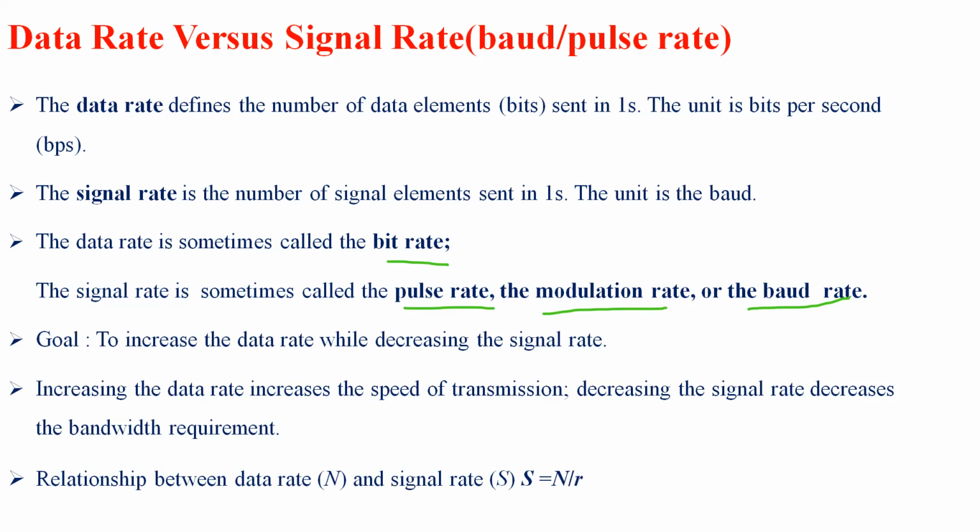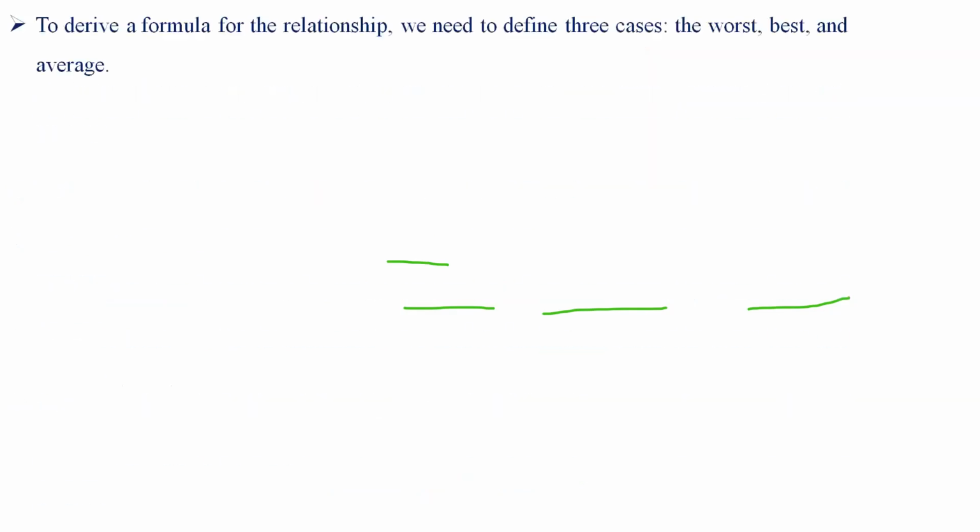We can formulate the relationship between a data rate and a signal rate as S equals N by R. For this relationship, we have three different cases: worst case, best case, and average case.